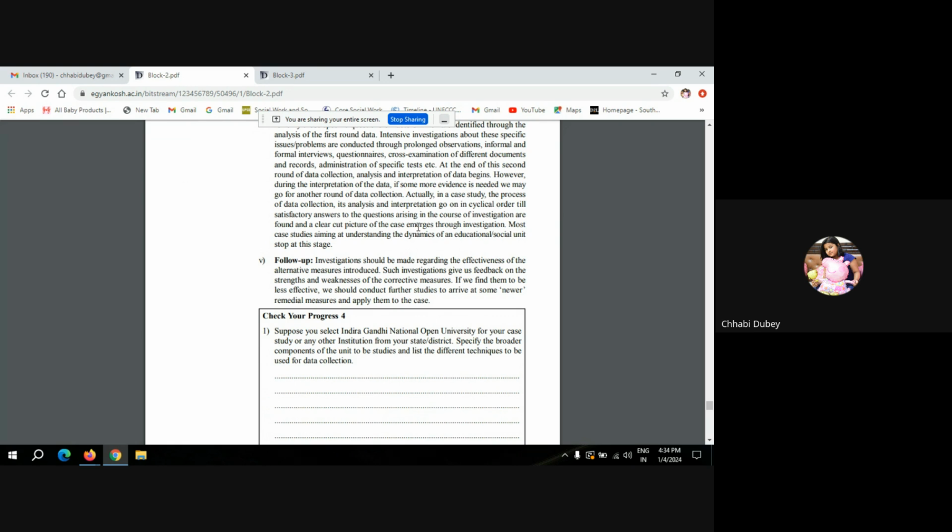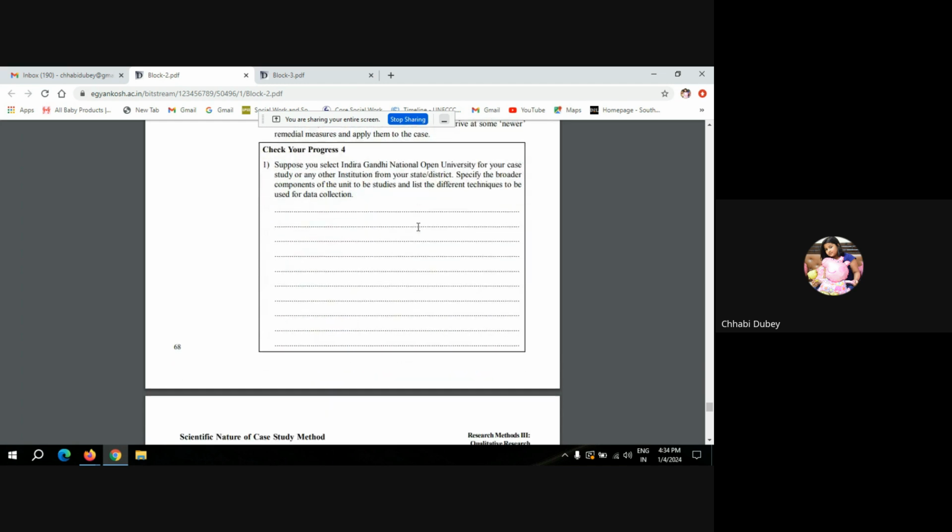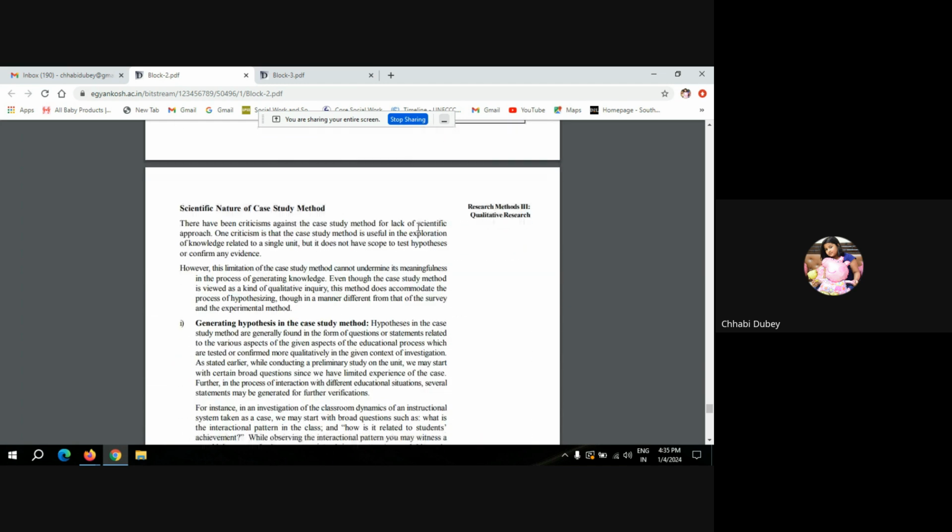After the second round, we go for a follow up. These follow up investigations are used to give us feedback on the strengths and weaknesses of the corrective measures. So this follow up part is very important in a case study method.